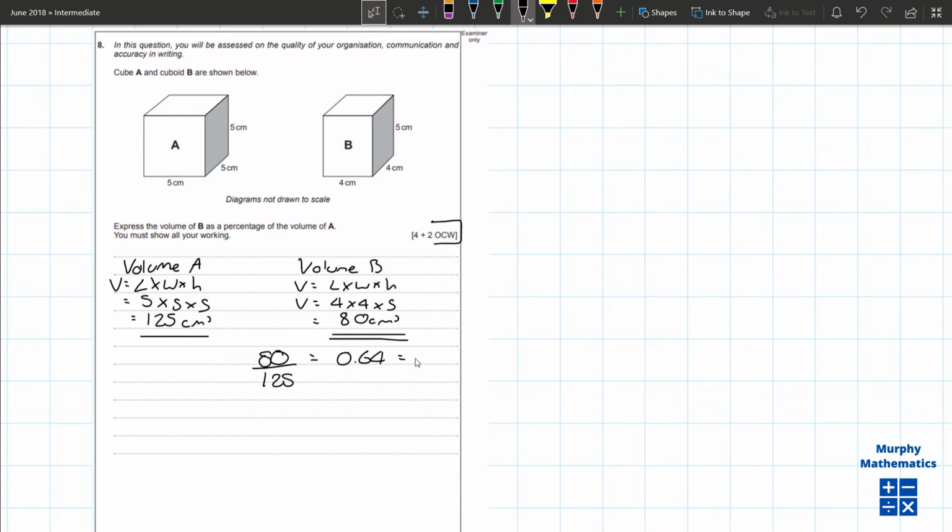And that as a percentage is 64%. So we know that volume B is 64% of volume A. And that's it.